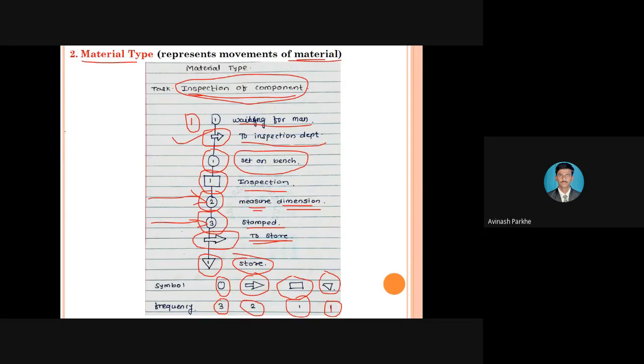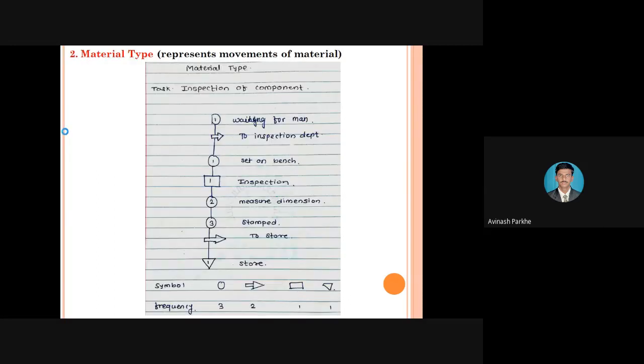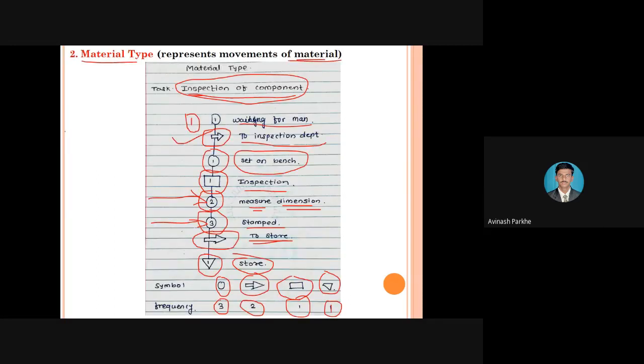But movements taking place by the material during inspection, in man type also we have to go for the inspection, in material type of chart also we have to go for the inspection. But in man type, during inspection the movements of the men are represented, but in second type, during inspection the movements of the materials are represented.